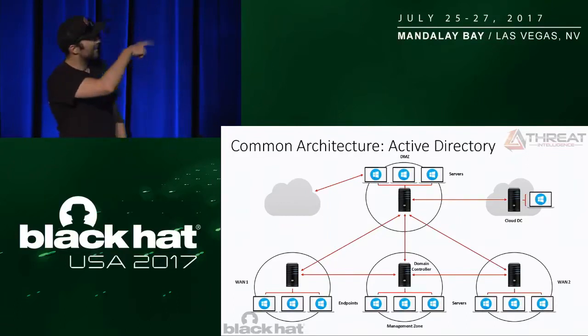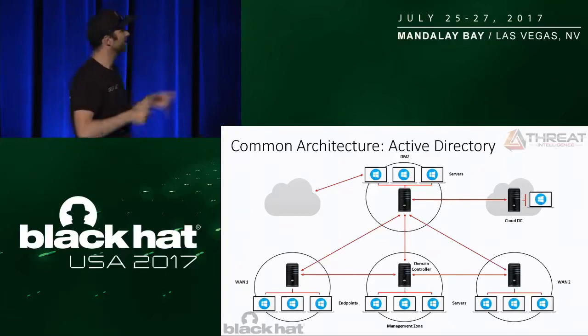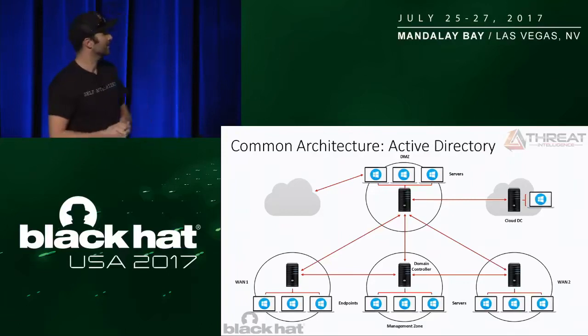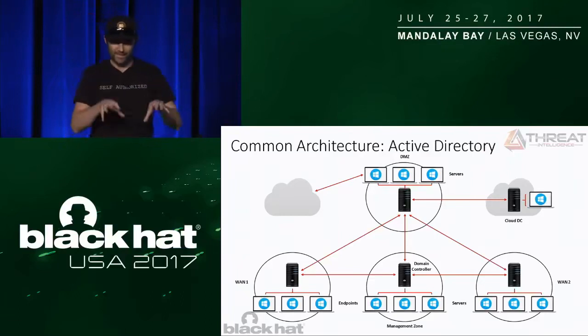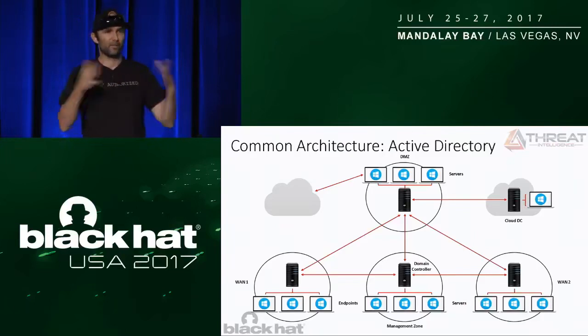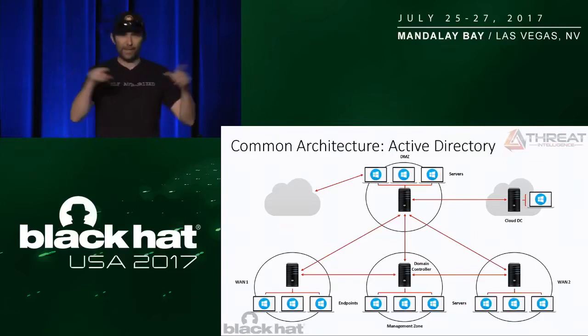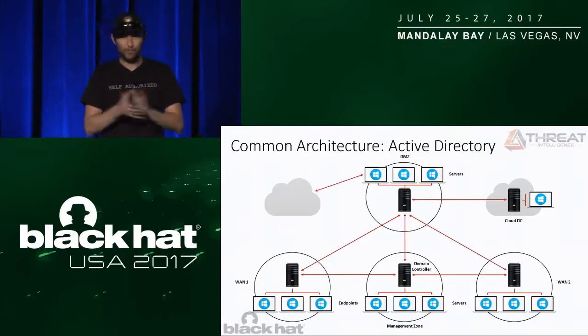And you can see each of the domain controllers can talk to each other, as well as out to the cloud. And each of the systems in each of the different security zones can talk to the domain controllers, but not talk to each other. But the domain controllers can talk to each other, right?